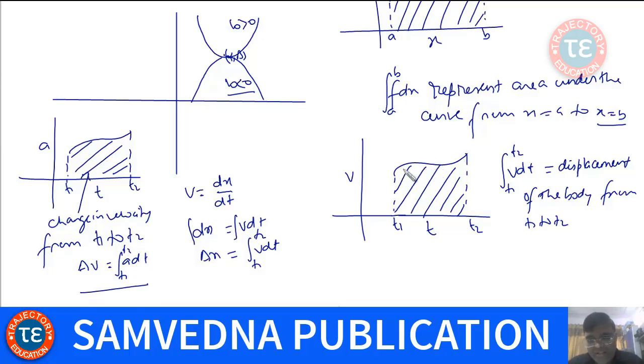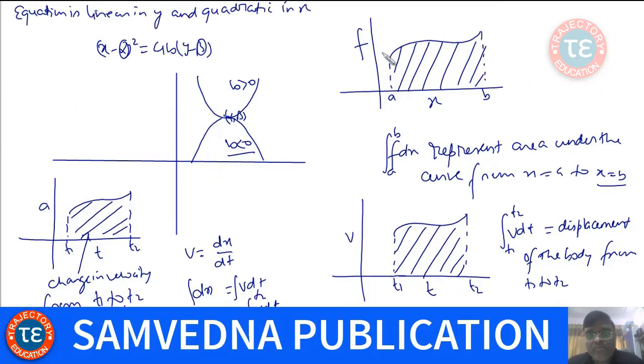And one more thing, see the slope of the curve. Whenever you have any curve like this, if you draw the tangent on the curve at x equal to x naught, then the slope of this tangent is given by tan theta, the tangent of the angle which the tangent makes with the x-axis.